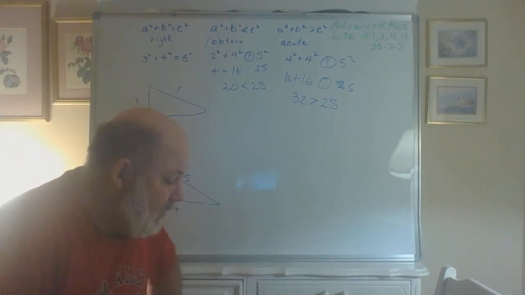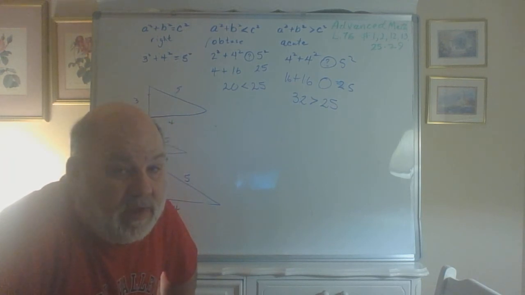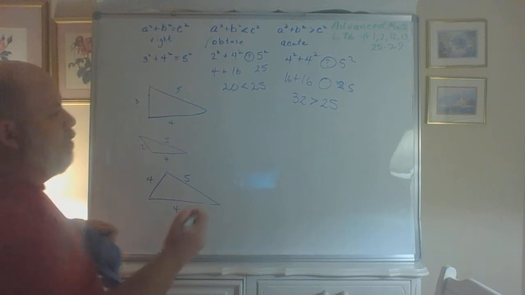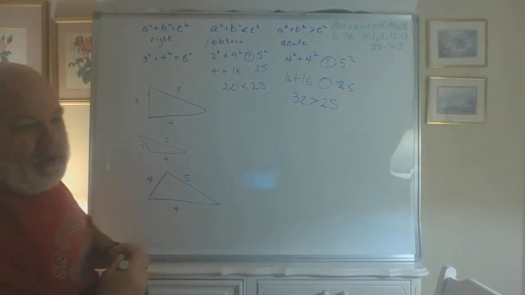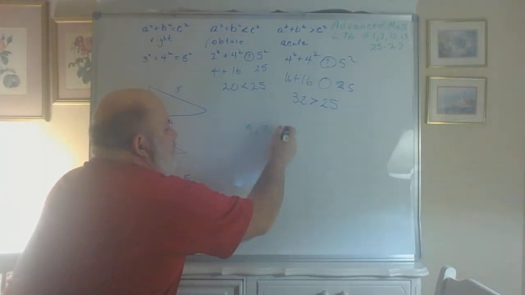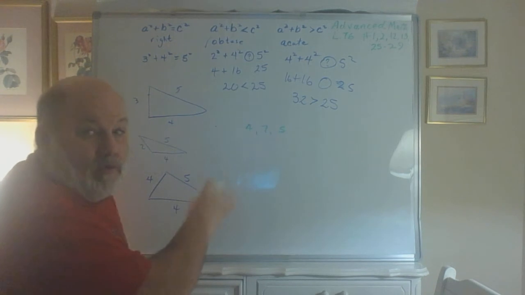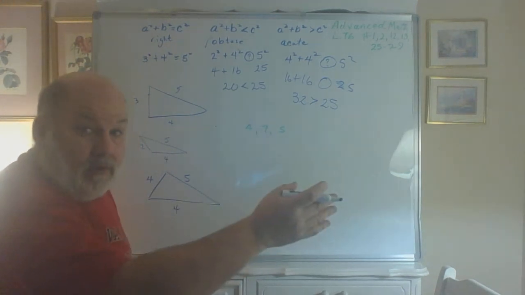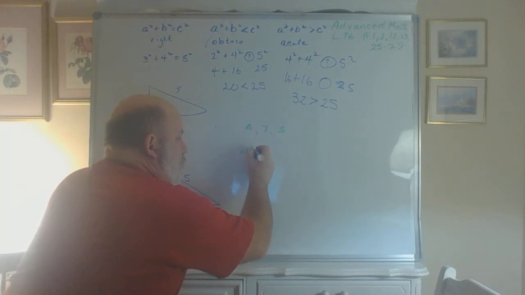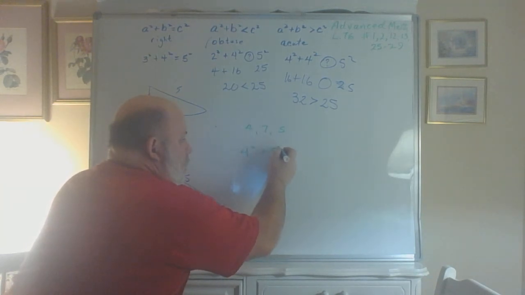Look at the second example on page 376. It says classify a 4, 7, 5 triangle. Don't do 4 squared plus 7 squared and ask if it's greater than 5 squared. You always have to use your two shorter sides: 4 squared plus 5 squared.